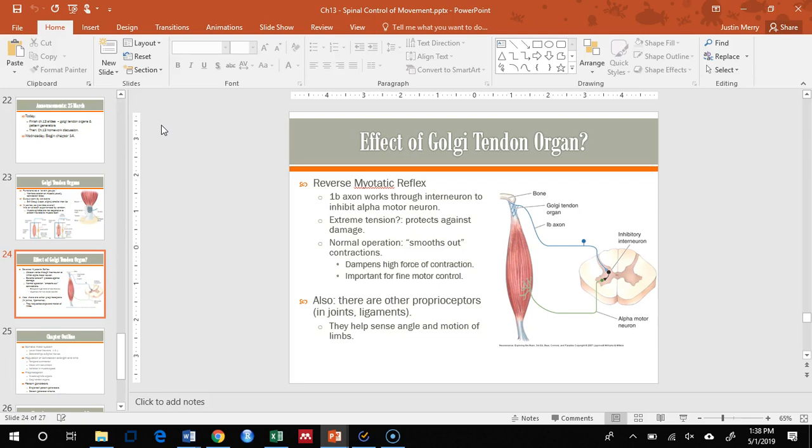There's a question on one of the homeworks about Lenny from Of Mice and Men crushing bunnies every time he picked one up. That was an example of how the Golgi tendon organ could be involved in reducing how forcefully we contract. So it's not always just about prevention of injury, though I think that one's the easiest to understand.